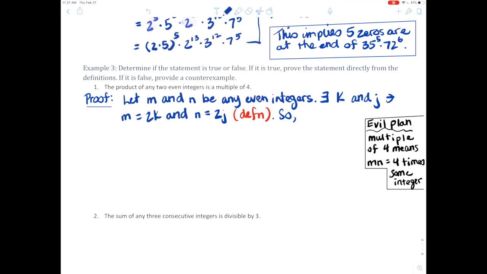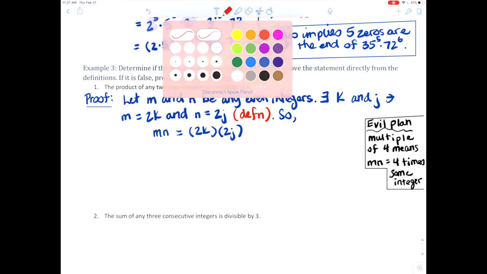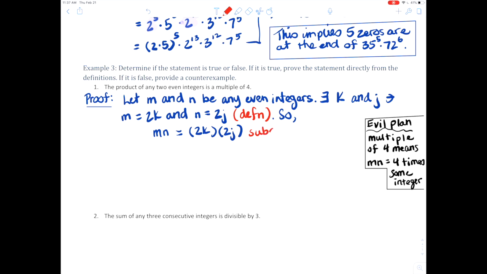Okay. Well, m times n, well, what does that equal to? Perfect. 2 times k times 2 times j. Good so far? And that's by what? Substitution.